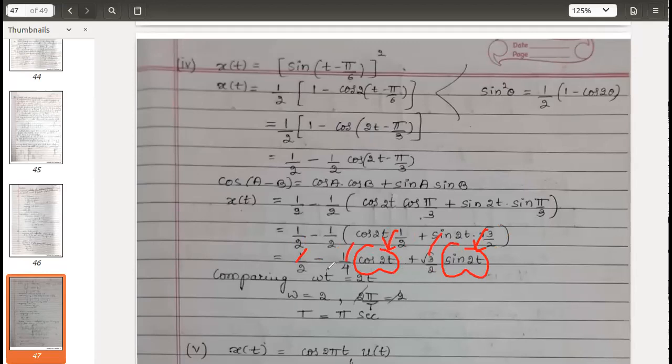You will get omega t is 2 into t. So omega is 2 pi by T, which is equal to 2. 2 cancels. T equals pi seconds. So the fundamental period for the given question is pi seconds.